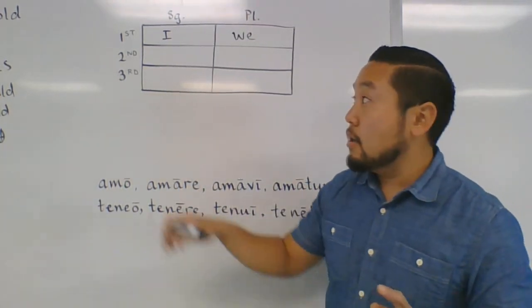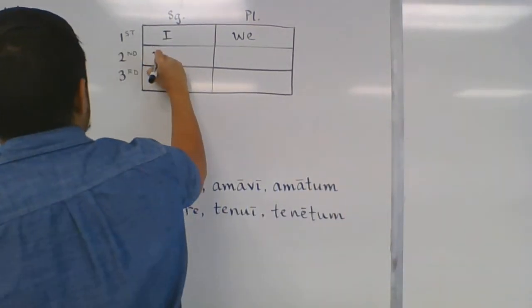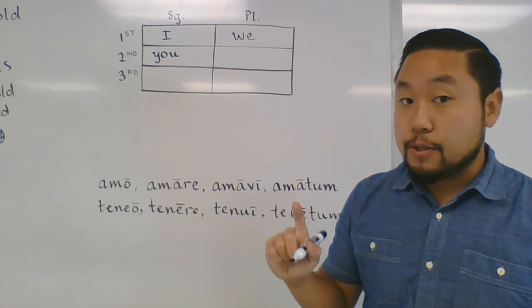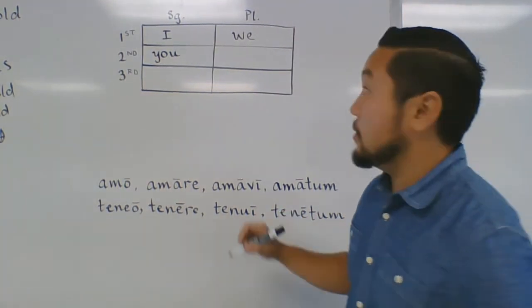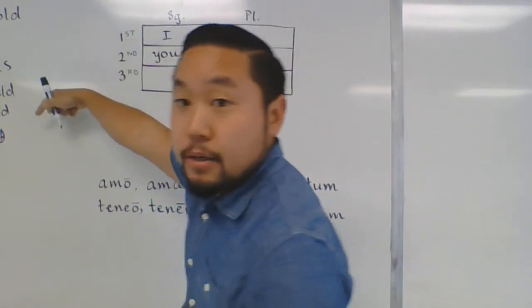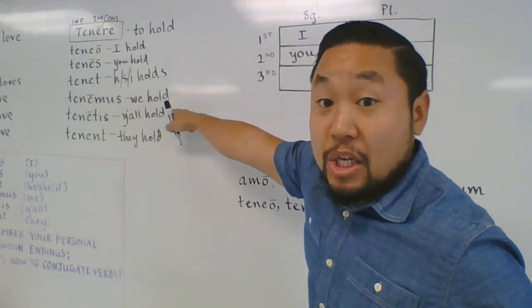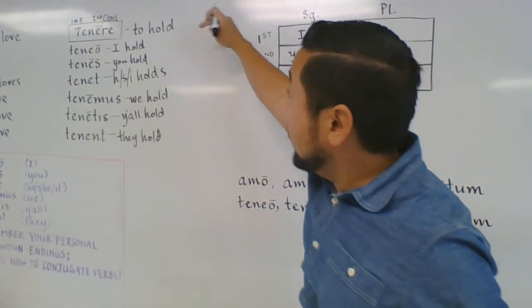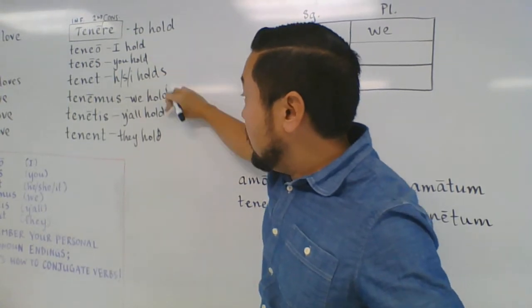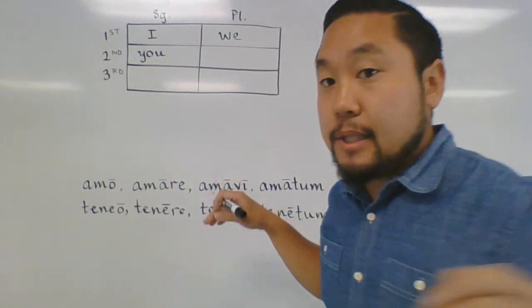Stay with me here. You is going to be second person. I'll go into why that's second person in just a bit once we get to third person. Notice how we have you, and then over here we had you versus y'all, that's singular versus plural. Here we have I versus we, so singular, plural. So we're just transferring that same data set over here.